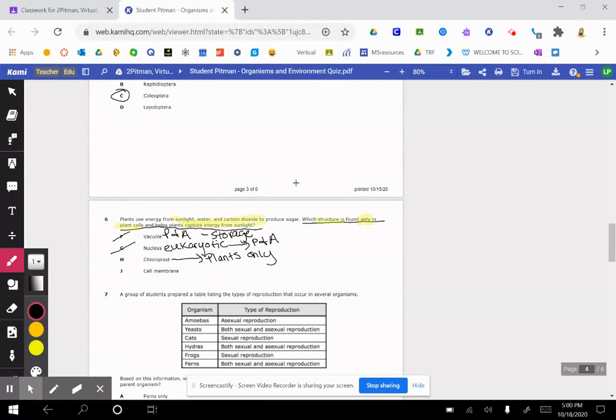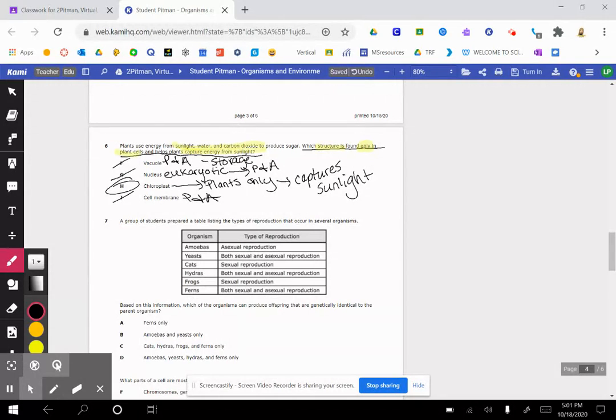Cell membrane is in both plants and animals, but I know that plants also have a cell wall. Okay, so chloroplast, plants only, and it does capture sunlight. So I know my answer is H.